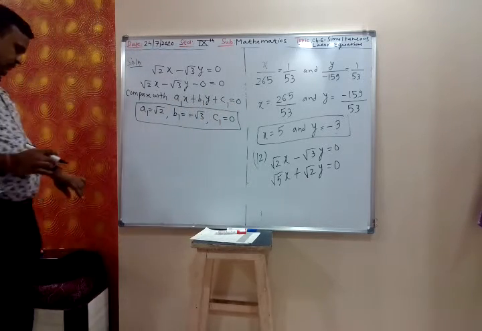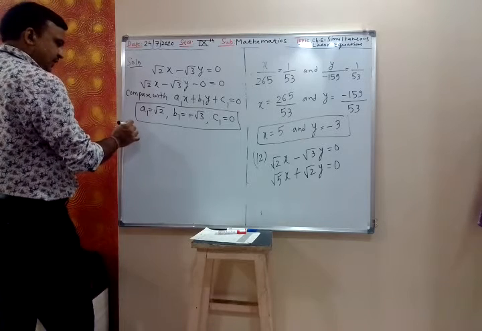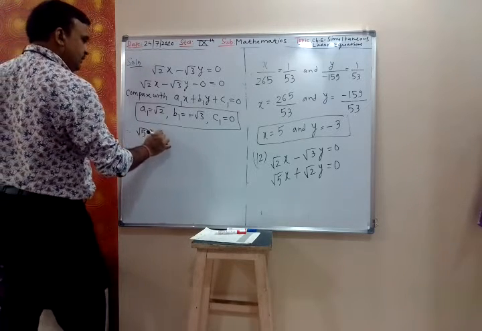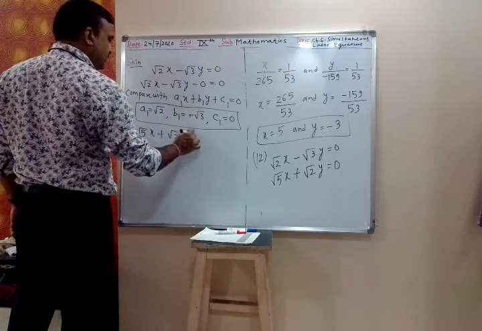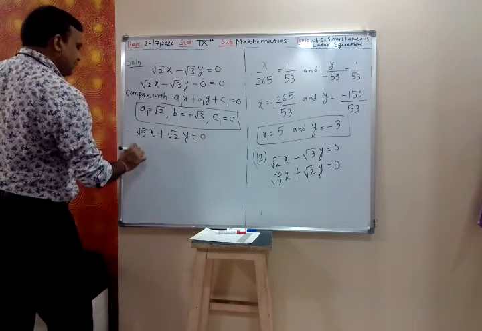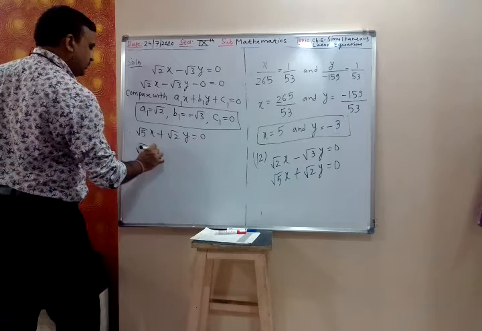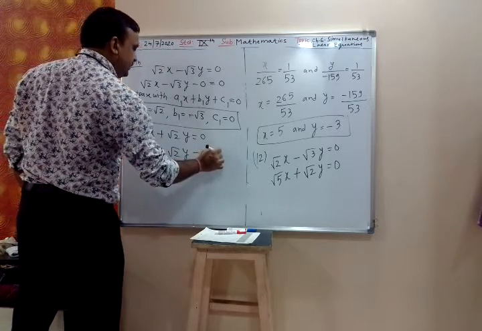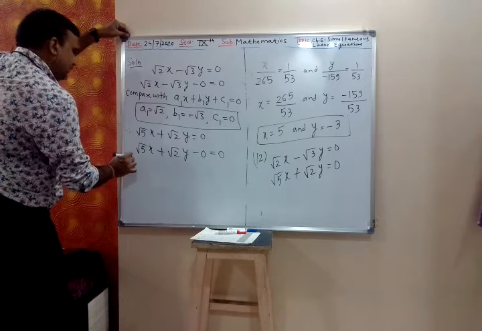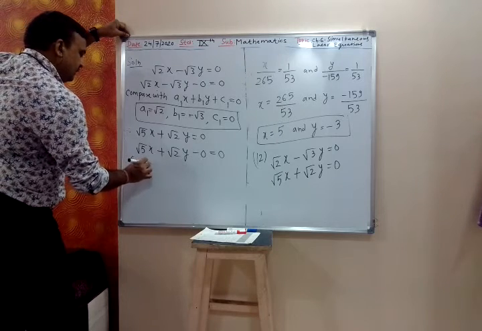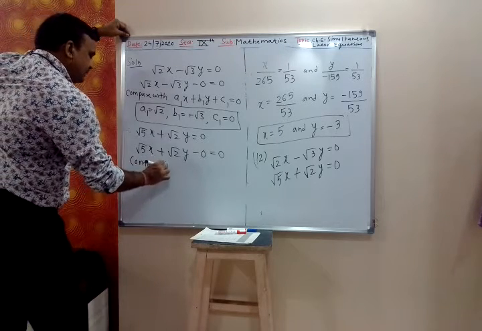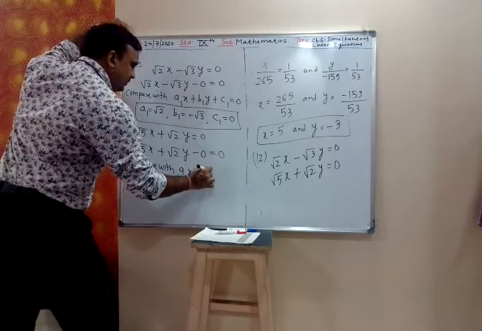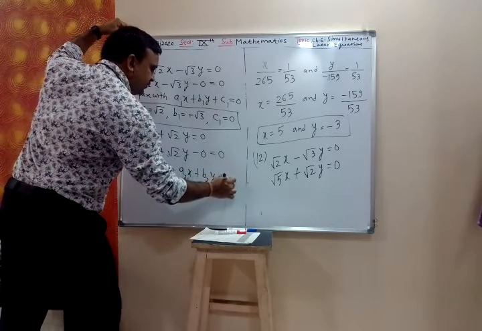Similarly, the second equation, root 5x plus root 2y is equal to 0. We write root 5x plus root 2y minus 0 equal to 0. And this I will compare with a2x plus b2y plus c2 equal to 0.